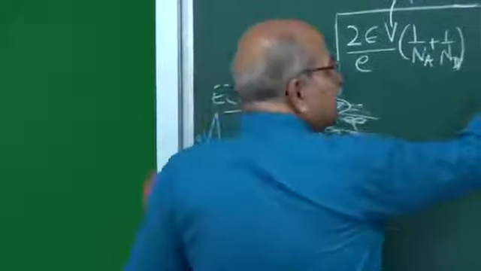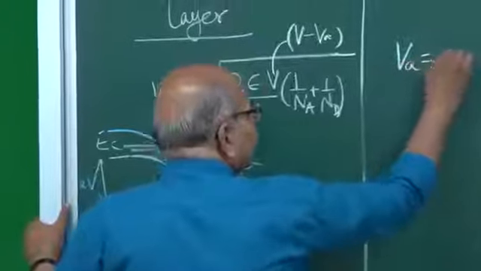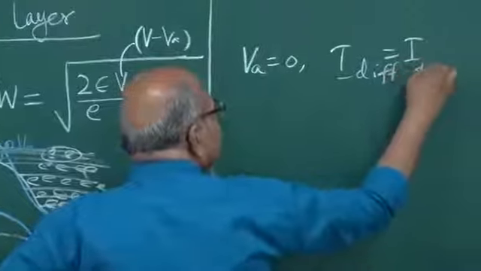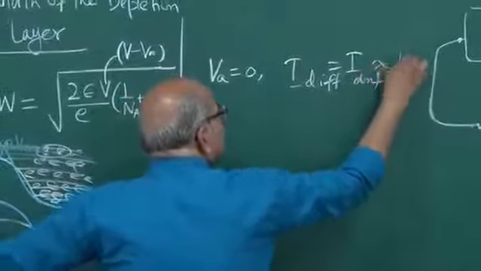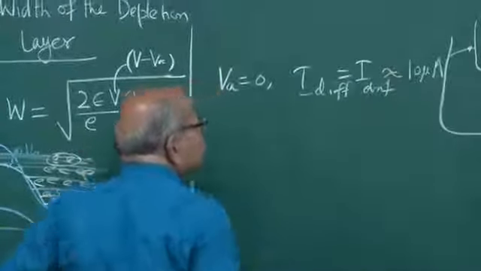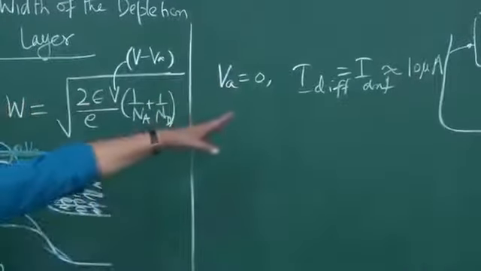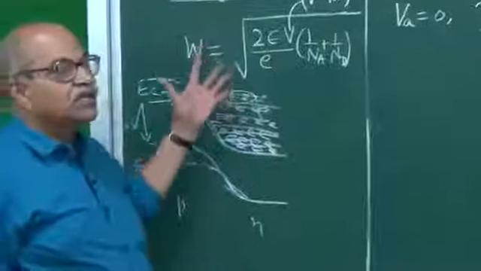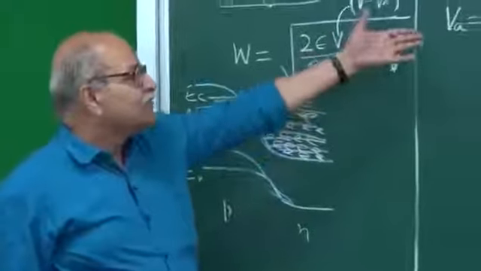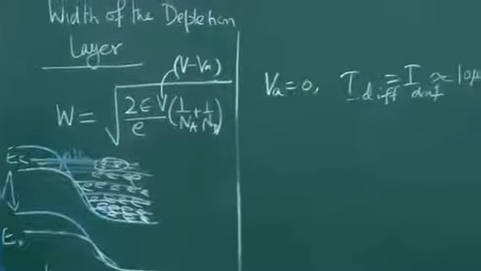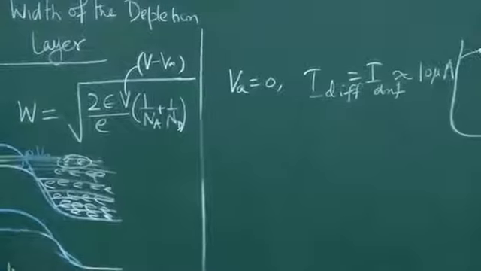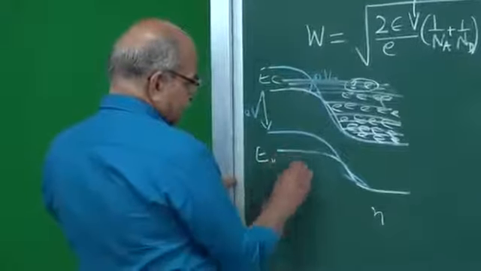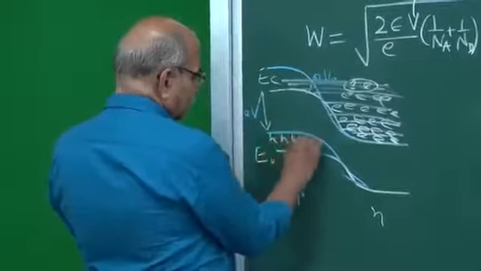Already when there was no bias, VA was 0, then I diffusion equals I drift, and that is of the order of a few microamperes. So already that diffusion current was small, and then you increase the barrier and it goes exponentially further down. So very quickly this diffusion current will decrease. Similar is the story here, the majority carriers here are holes.